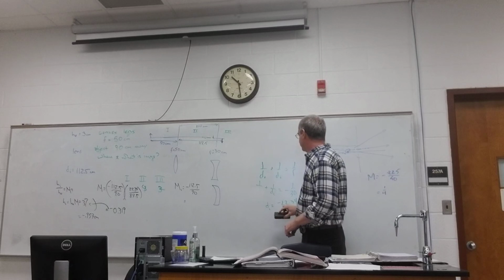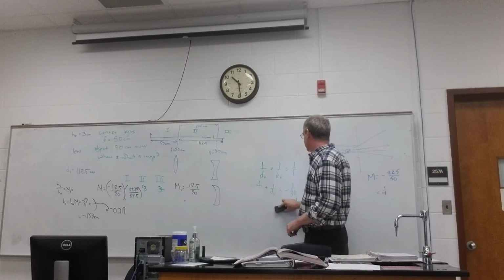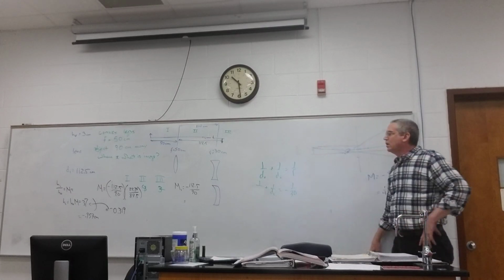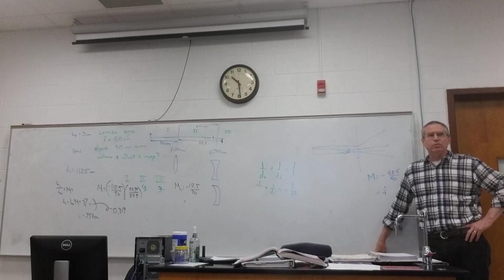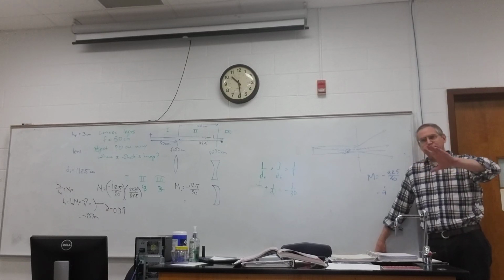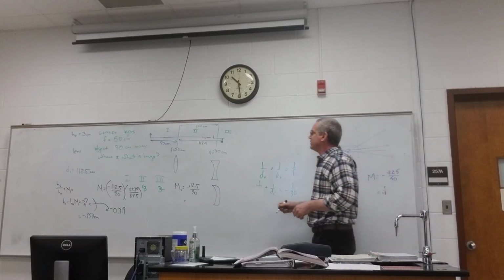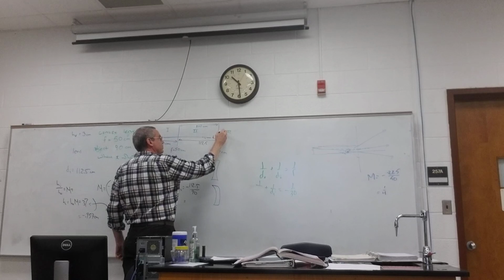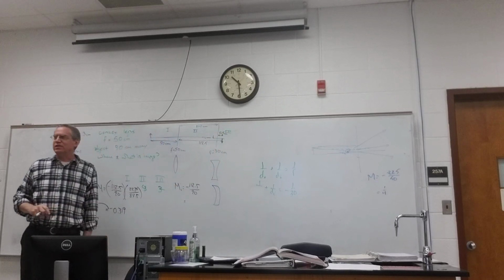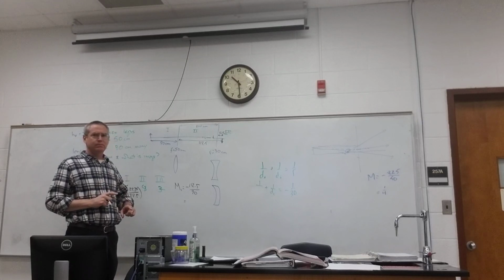That changes. The image of the first is still considered the object of the second. Yes, we can find this distance here. This is 12.5 centimeters. The question is, is the object distance positive or negative now?